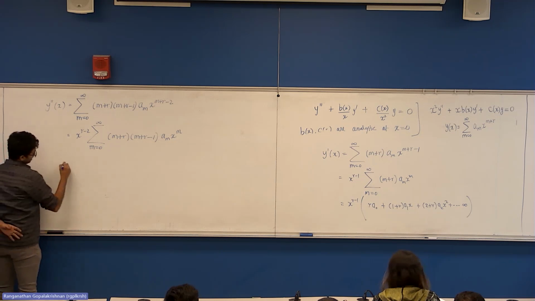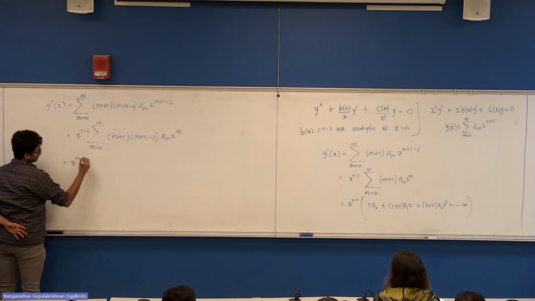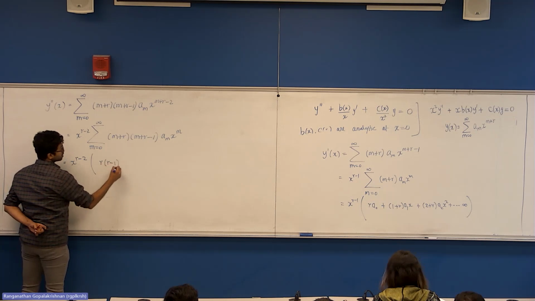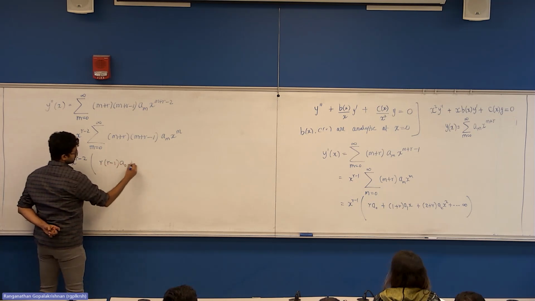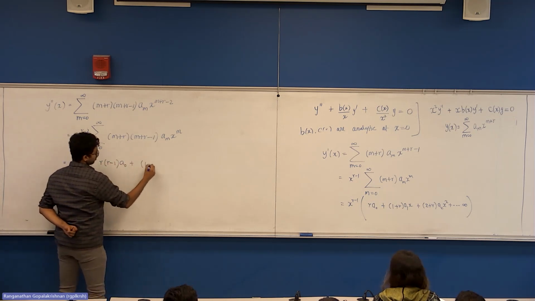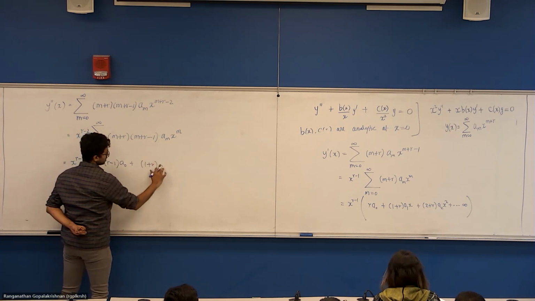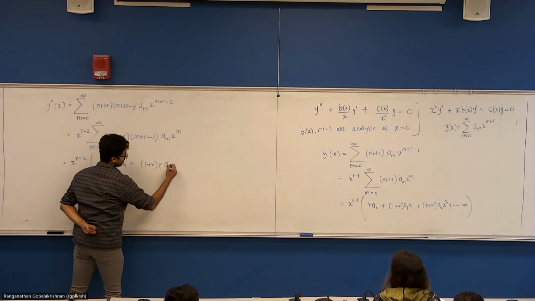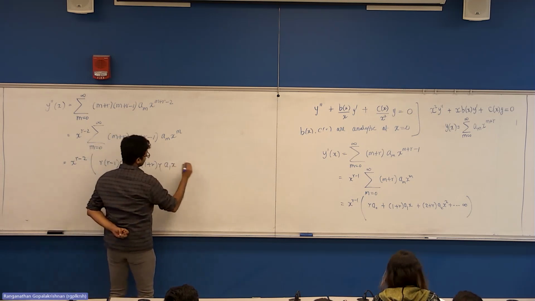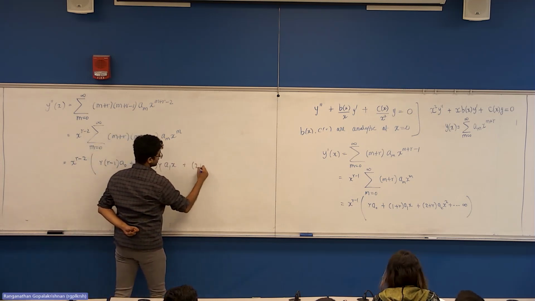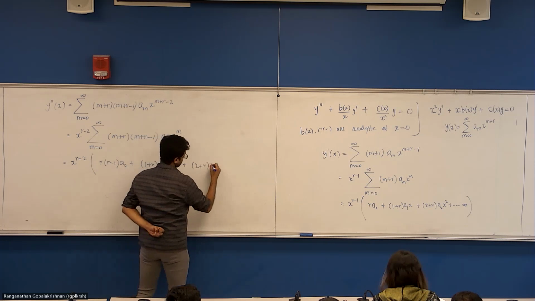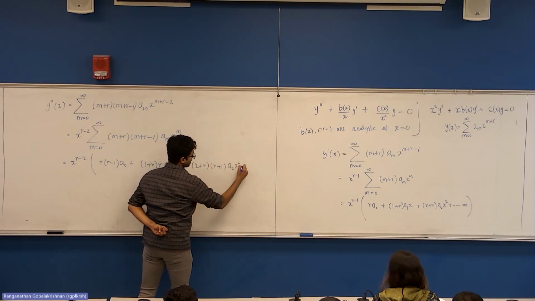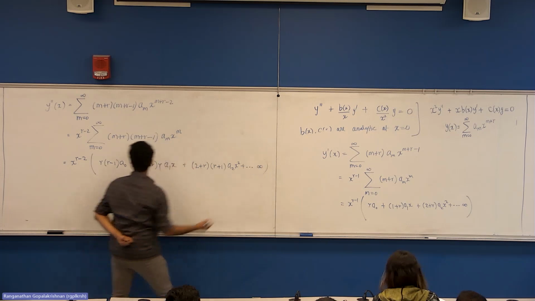I'm going to write this as, to generate the terms, x power r minus 2 times r times (r minus 1) a naught plus (1 plus r) times r a1 x plus (2 plus r) times (r plus 1) a2 x squared and so on up to infinity.